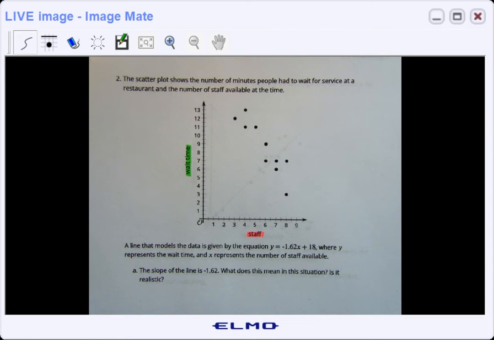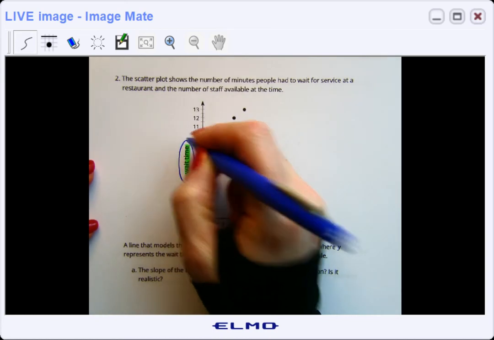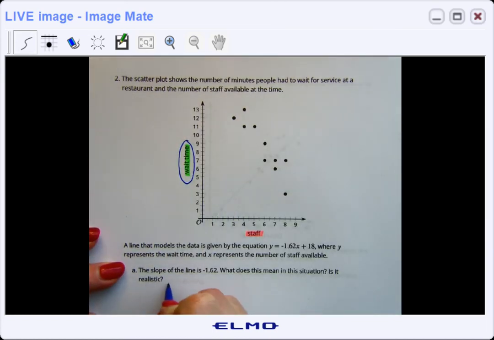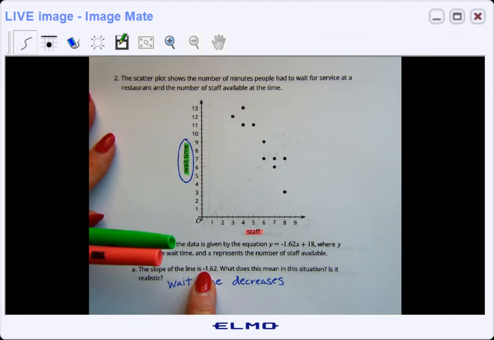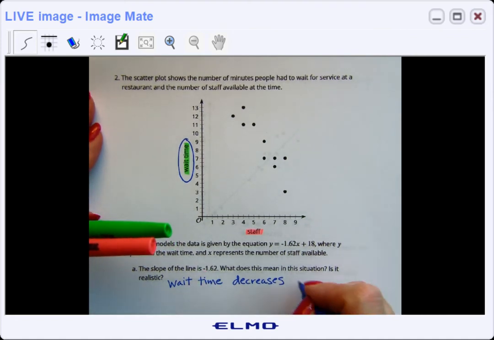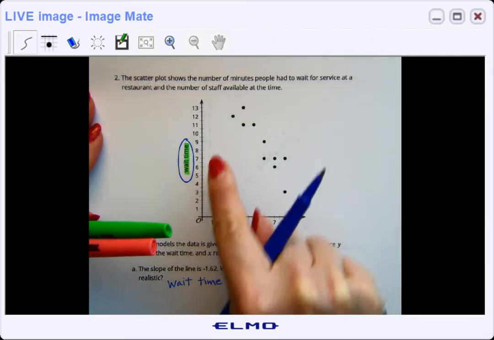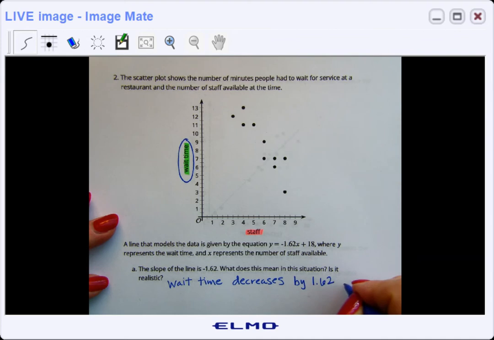So the negative 1.62 tells us that it's the wait time that's decreasing, right? So the wait time decreases. Okay, so since it's negative, it decreases. By how much? Oh, by 1.62. And these are in minutes.